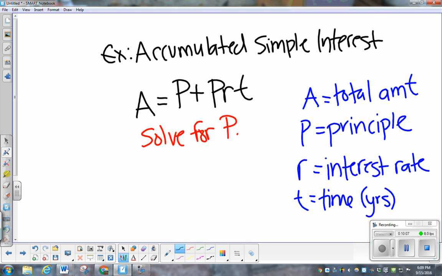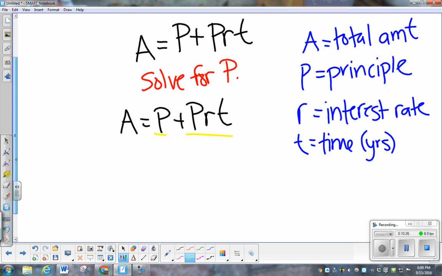So this is kind of tricky because I'm going to rewrite this equation here. If you see here, we have P in two different terms. We have P right here and in this term, but they're not like terms. We can't combine them. So when that happens, what we need to do is we'd like to kind of pull that P out of those two terms.